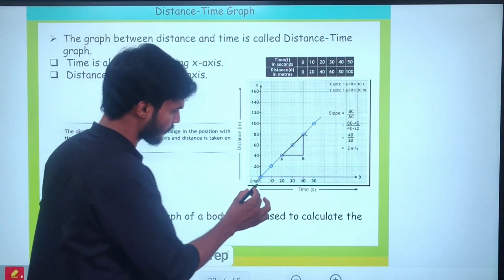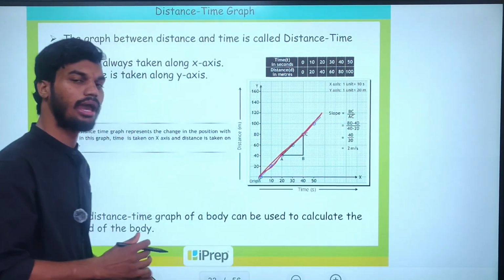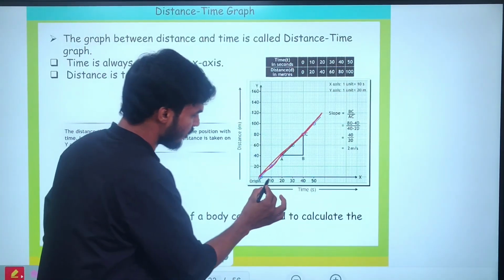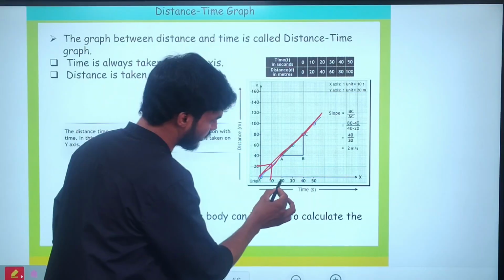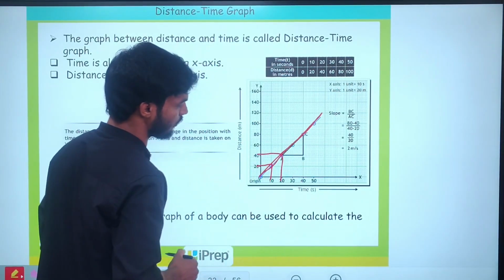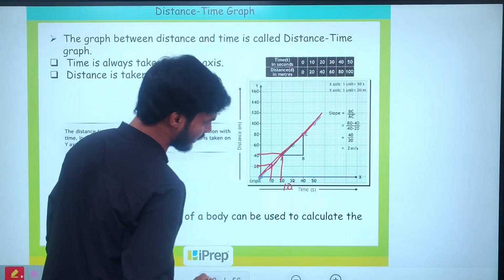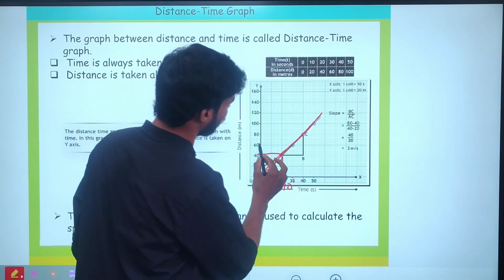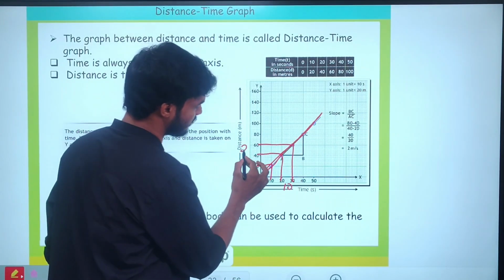Look here, it is a straight line, right? When it is a straight line, we can say it is a uniform speed. Look here, in 10 seconds it travels 20 meters. In the next 10 seconds, it travels to 40 meters. In the next 10 seconds, from 40 to 60, the difference is 20.